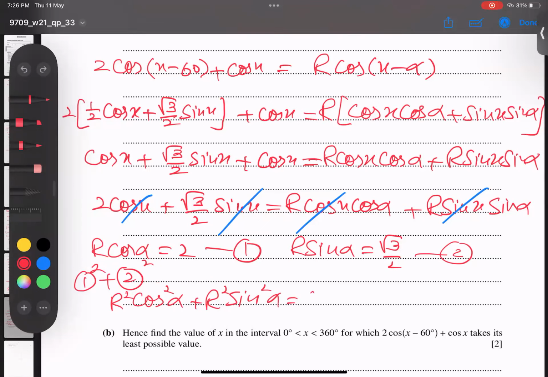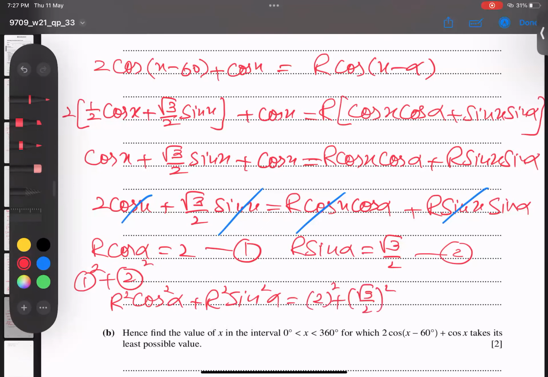I can show the working, no problem. From here I get r square, and on the right hand side I get 4 plus 3 divided by 4, so 19 by 4. Take a root, I get root 19 over 2. This is our value.